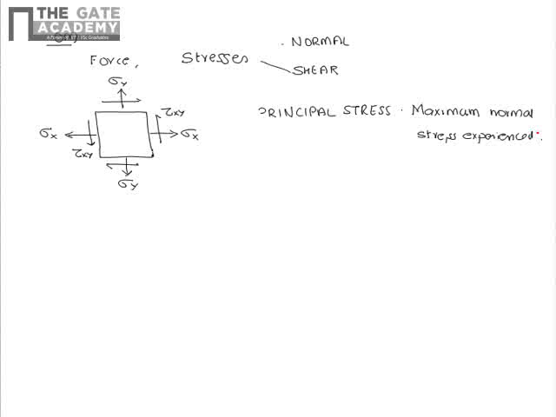In such cases, if a body is subjected to such a loading, the maximum normal stress, which is represented by sigma 1 or sigma 2, will be greater than sigma x and sigma y. Therefore, when we do the design, we are going to consider the principal stress coming in the body. So the concept of principal stress is very important as far as machine design is concerned.